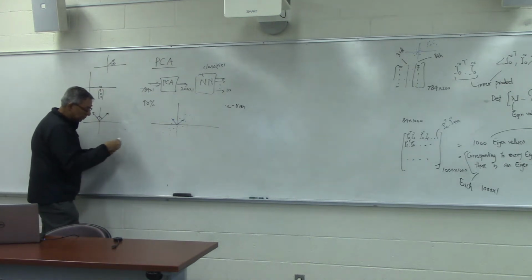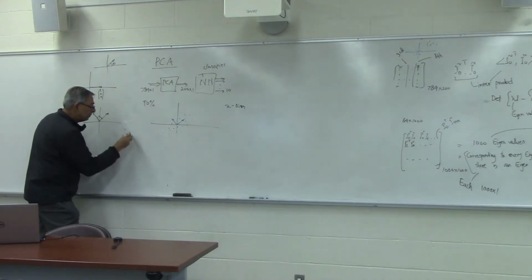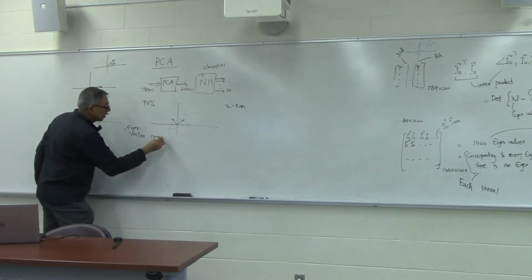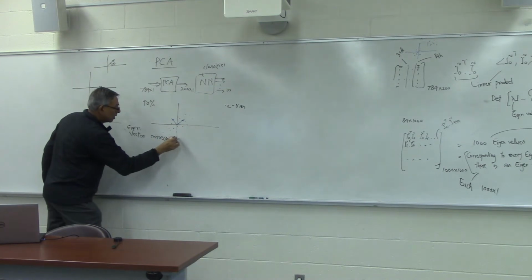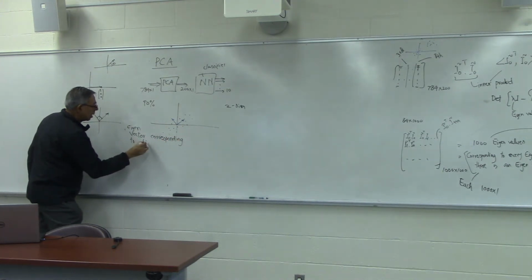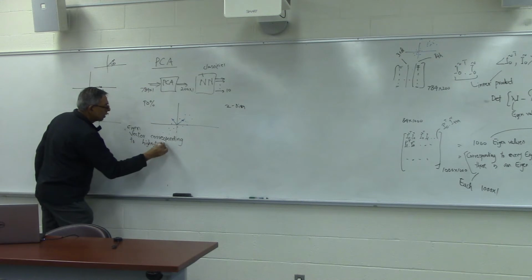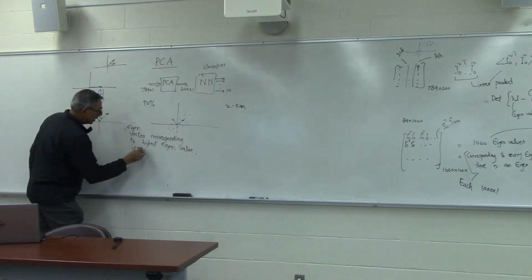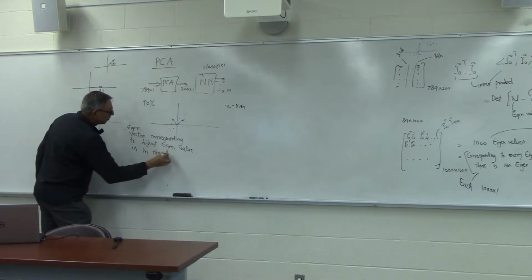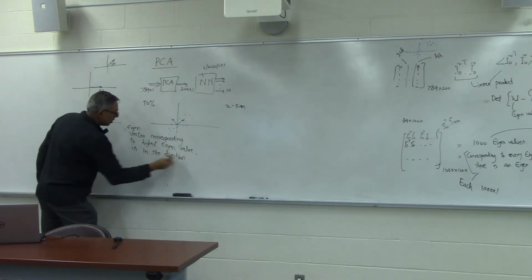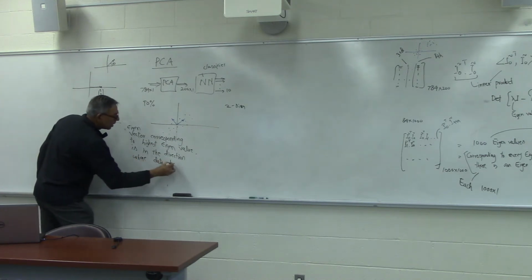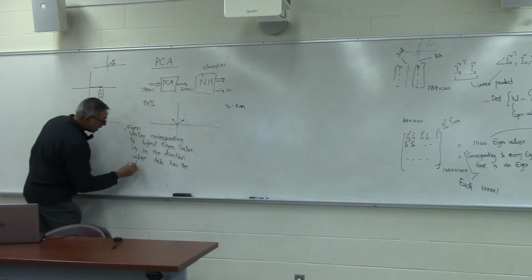So the important thing to remember is that the eigenvector corresponding to the highest eigenvalue is in the direction where the data has the highest variance.